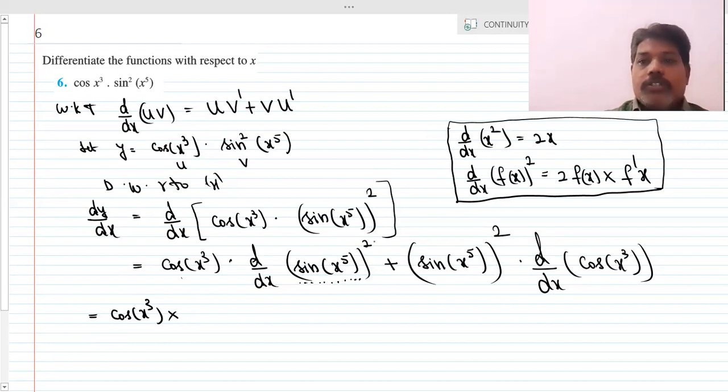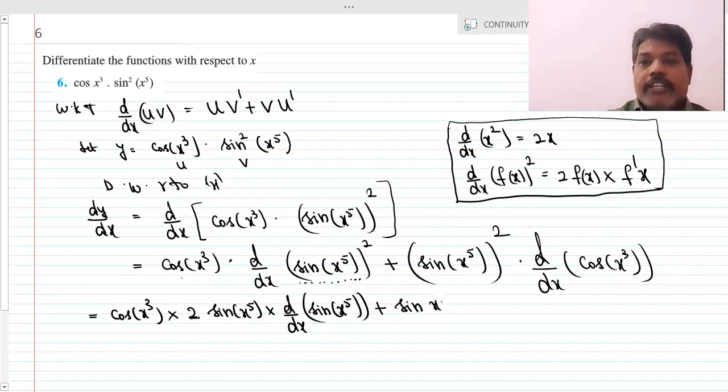So it will become 2 into f of x, which is sine of x power 5, into derivative of f of x, that is x power 5, plus sine of x power 5 whole square into the derivative of cos f of x.